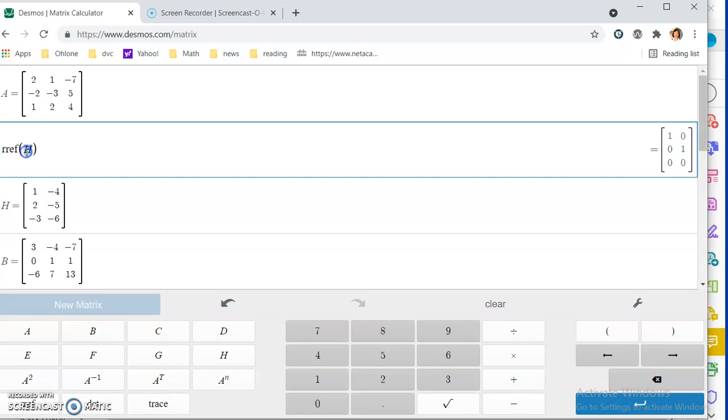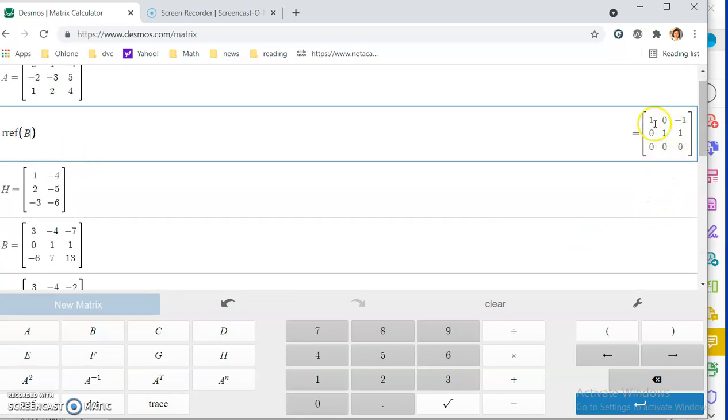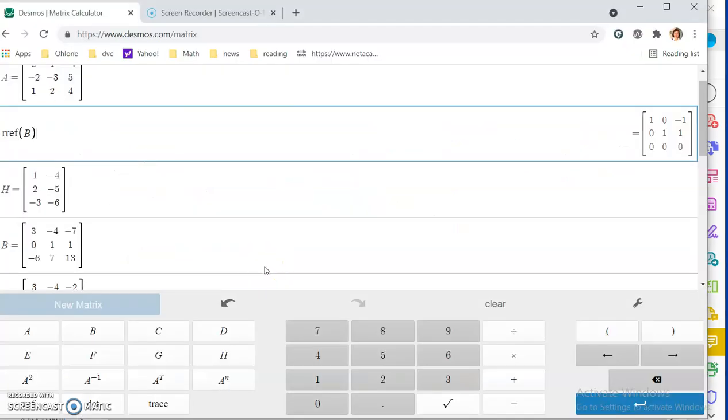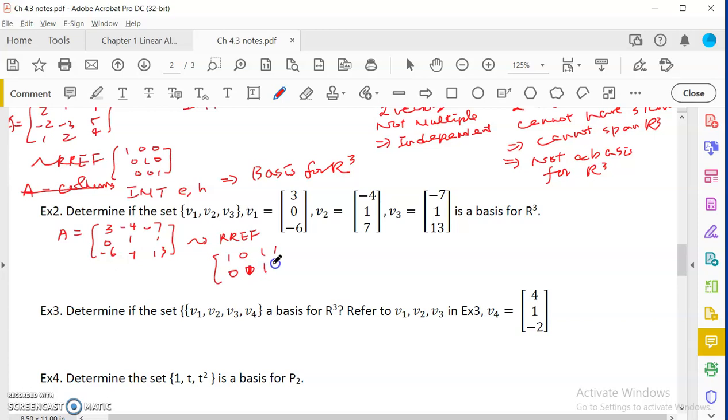So row reduce B. Oh, it is not the identity. The reduced row echelon form has rows like 1, 0, 1, 1, and 0, 1, 1, 1, and a row of zeros. So it is not the identity matrix I3. Because it does not row reduce to I3, it is not independent.